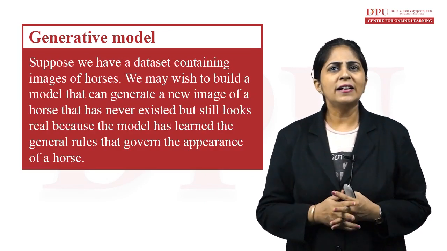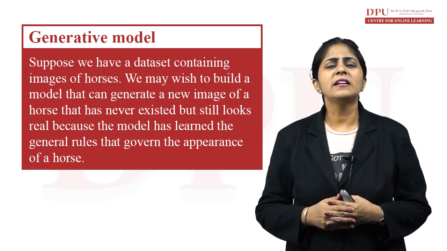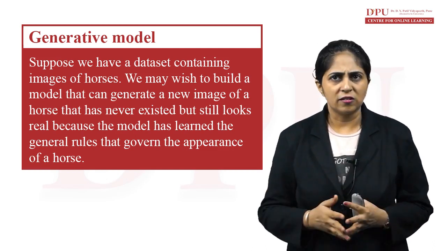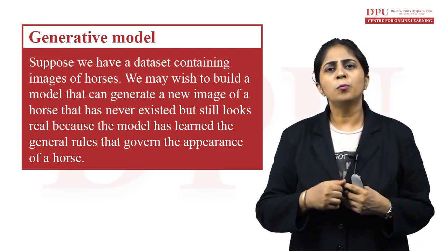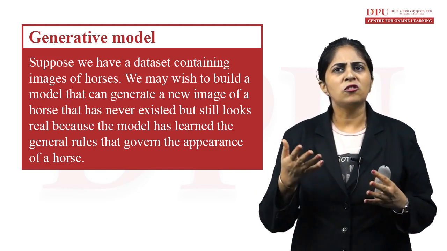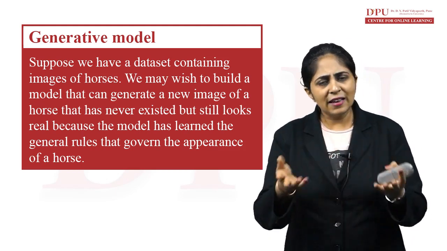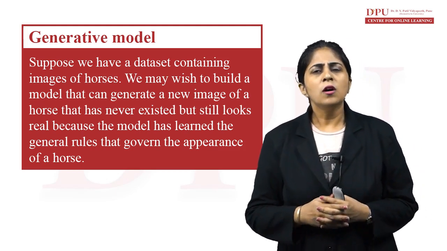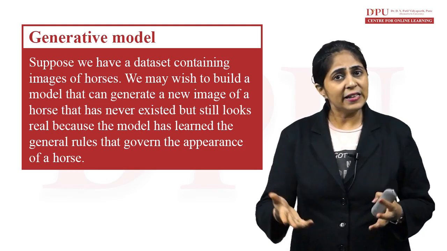Suppose we have a data set. Let us say it contains images of horses. We may wish to build a model that can generate a new image of a horse that has never existed, but it will still look real.